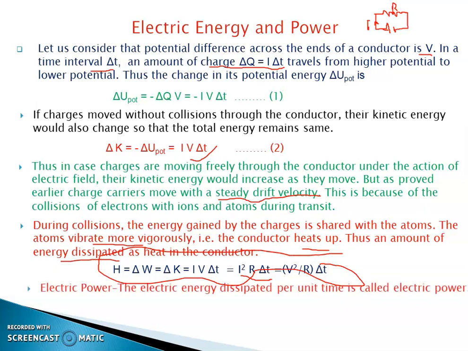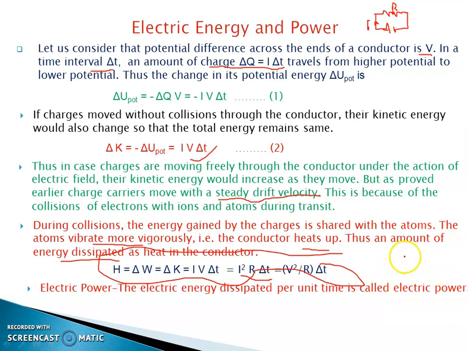Now electric power. Electric power is the energy dissipated per unit time, right? For example, in mechanical power, that is work per unit time. Similarly here, energy per unit time is electric power.